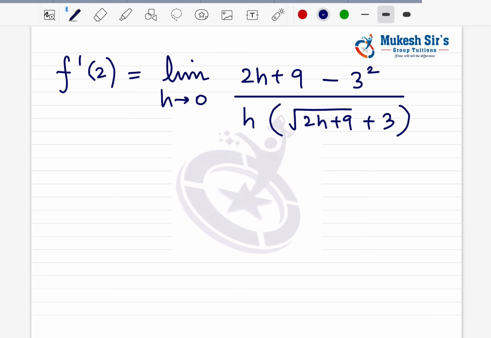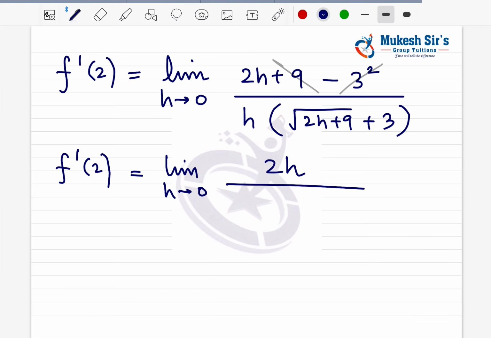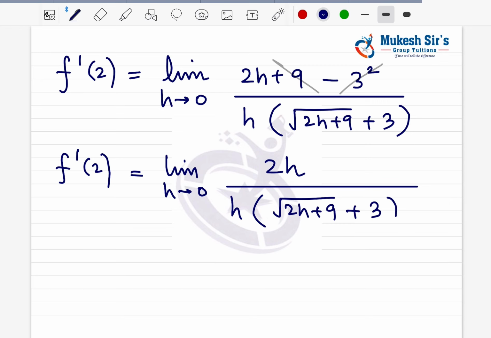The root in the denominator stays as it is. Now everyone knows 3 square is 9, so this 9 and minus 9 get cancelled, right? So you have 2h. So f dash 2 will become limit h tends to 0, numerator has 2h divided by the same denominator, h into root of 2h plus 9 plus 3.